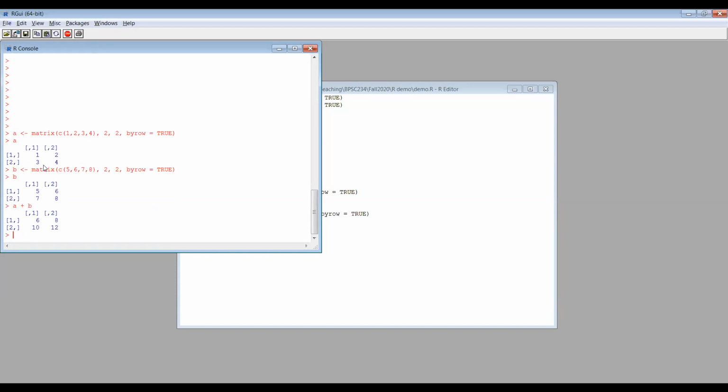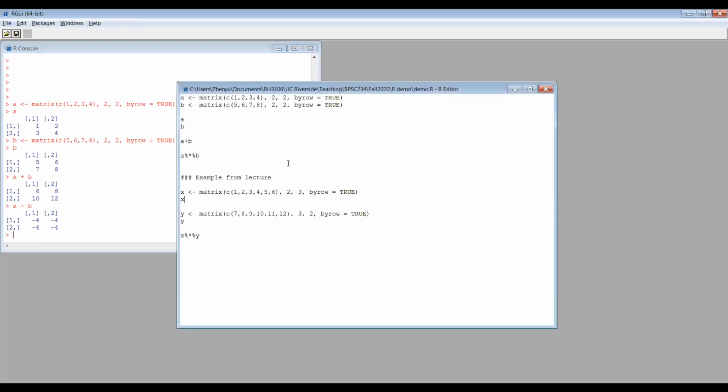For each element, it will be the sum of the corresponding elements of A and B. So 1 plus 5 equals 6, 2 plus 6 equals 8. Minus works the same. However, if you want to do multiplication, you cannot just say A times B. You have to use this.